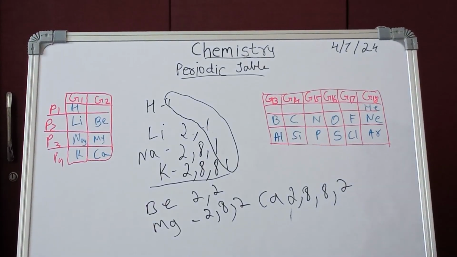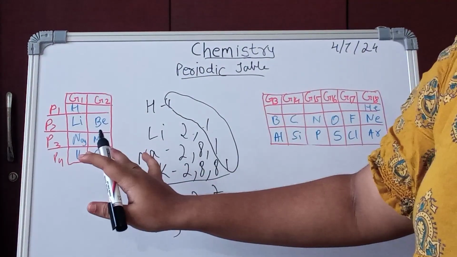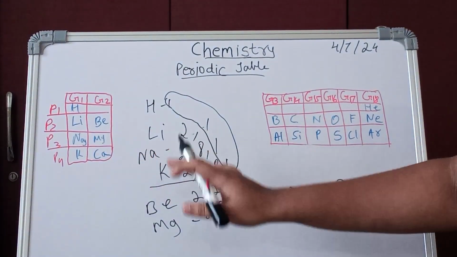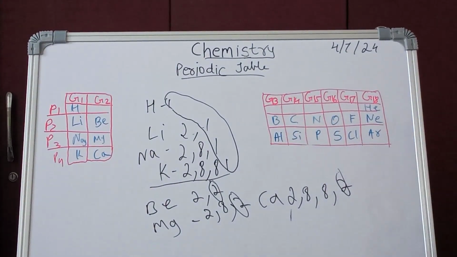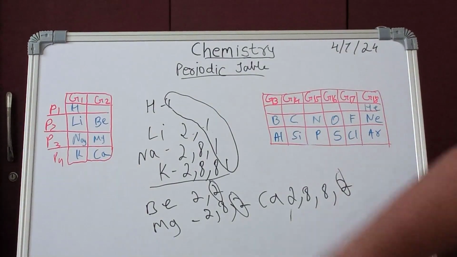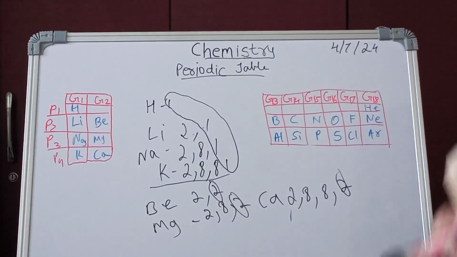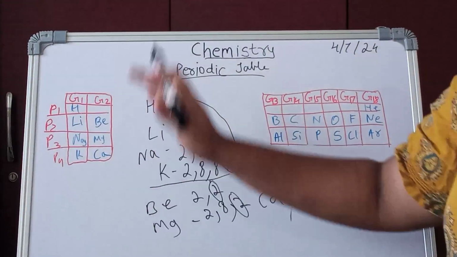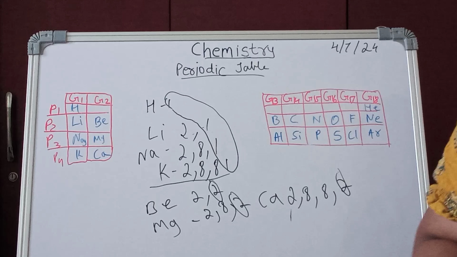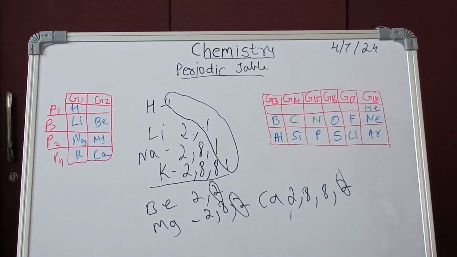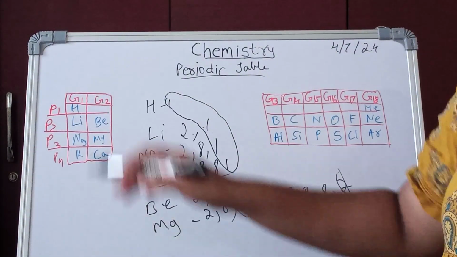Did you notice another most important thing? The elements present in group 2, their valence electrons are 2. So whichever elements have their valence electron as 2, they will be placed in group 2. So your valence electrons determine the position, that is, in which group it is. Now you may ask me, helium also has 2, but then why is it not placed there?